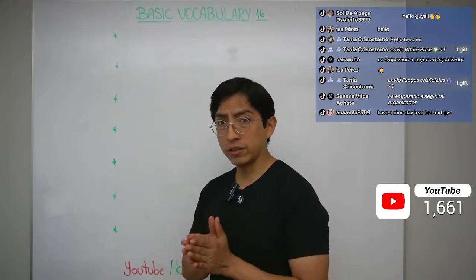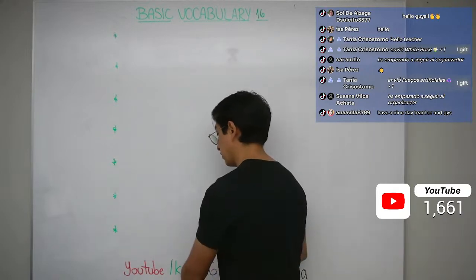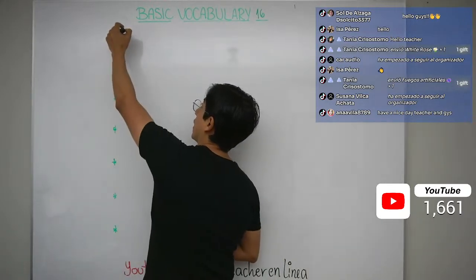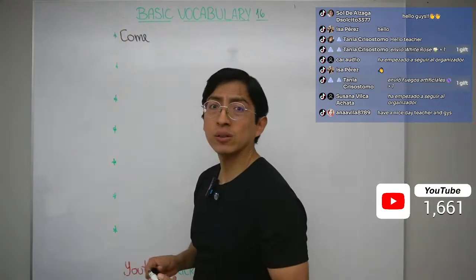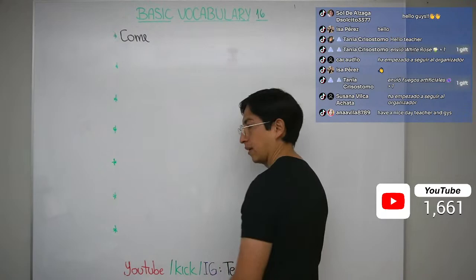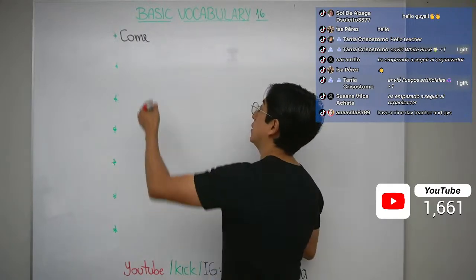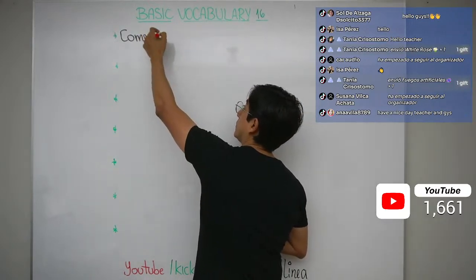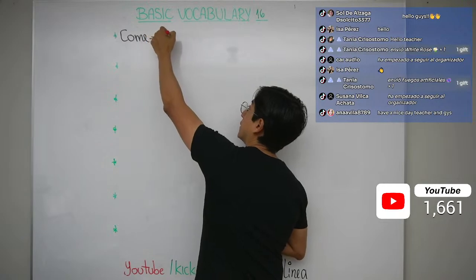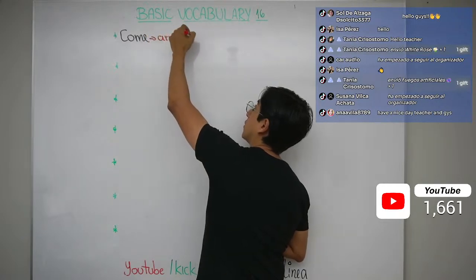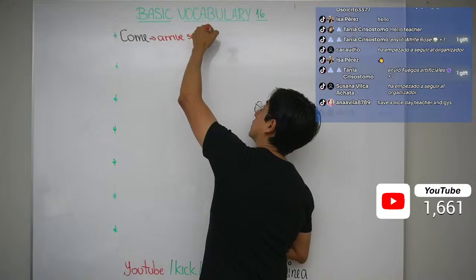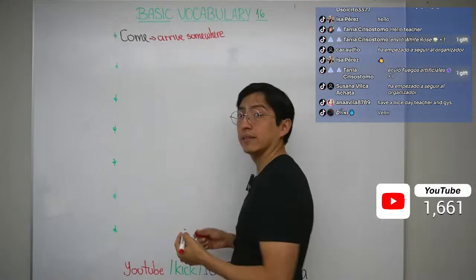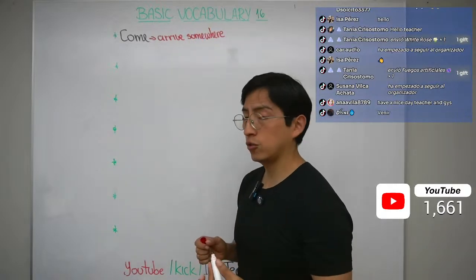So, we're going to start with the first word. In this case, this word is come. Guys, what does come mean? Well, we're going to use this for arrive somewhere. Okay, that is the first meaning.